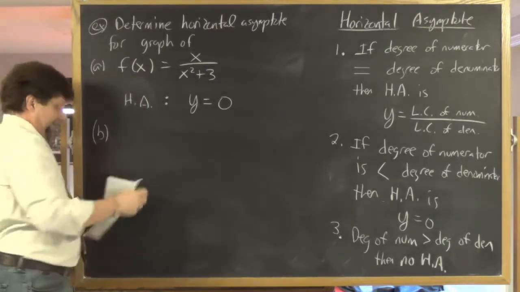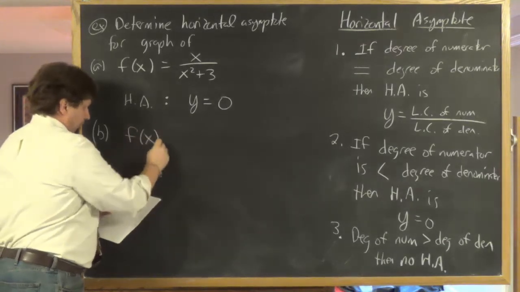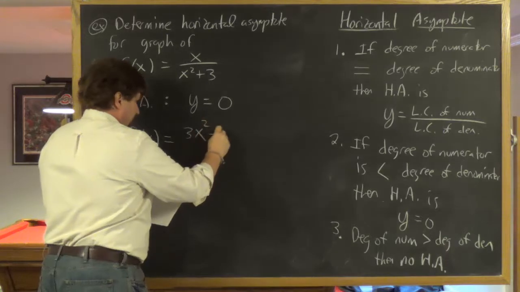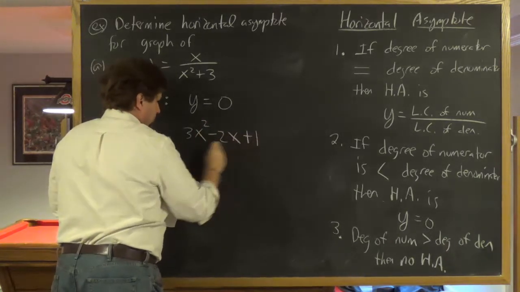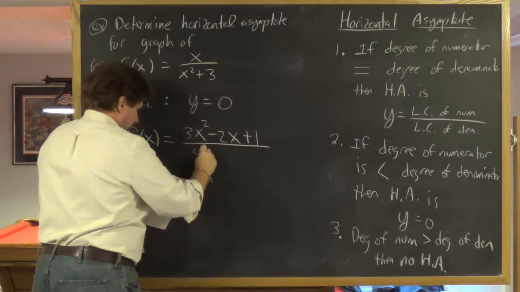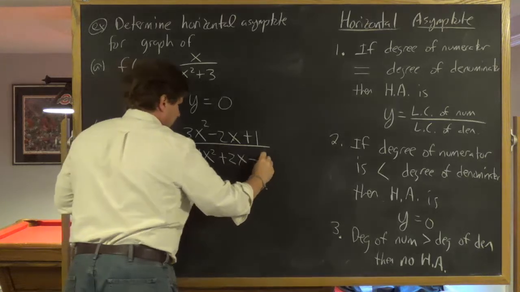Let's try one more. I have enough space here to try one more. How about the rational function 3x squared minus 2x plus 1 over 4x squared plus 2x minus 1.